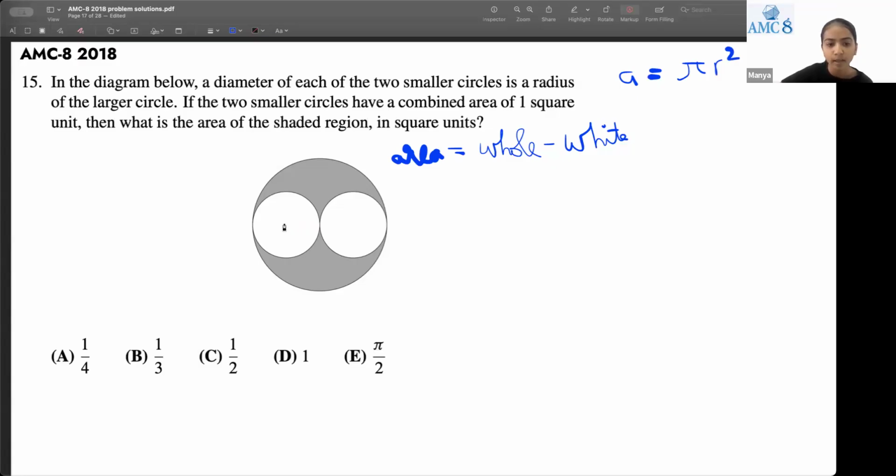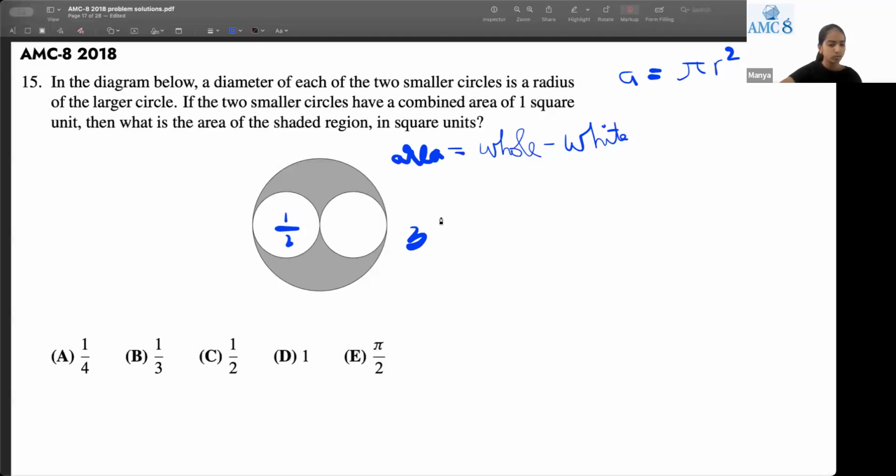Well, we can find this out. So one of the circles will be equal to 1 divided by 2, which is going to be equal to 0.5, which is the same thing as 1/2. So that means that pi r squared, well, pi is approximately 3. So we can do 3 times r squared.